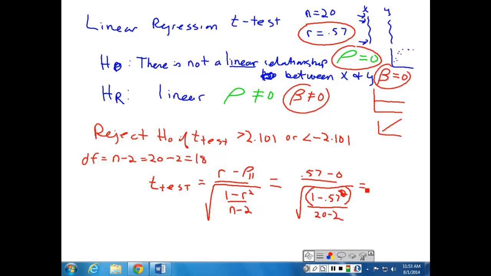So on your calculator, put 0.57 divided by square root, it's going to give you one parenthesis, give it another one, and put 1 minus 0.57 squared, close that parenthesis, divide by 18, close that parenthesis, and you should be able to get that.